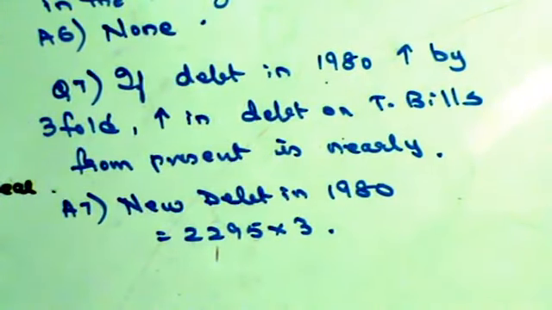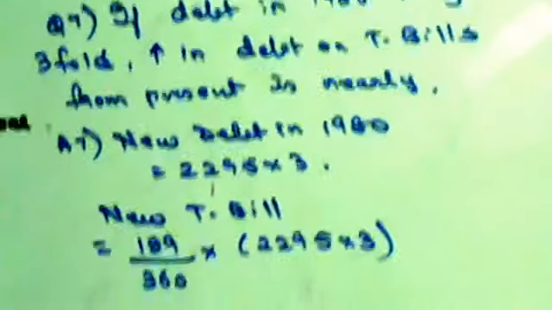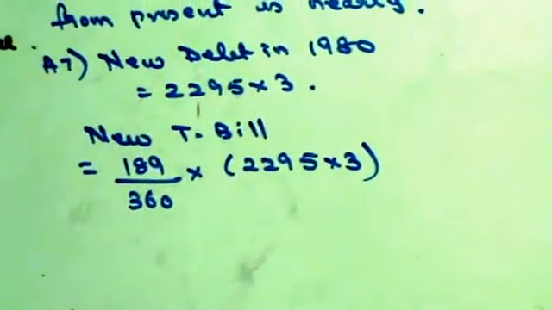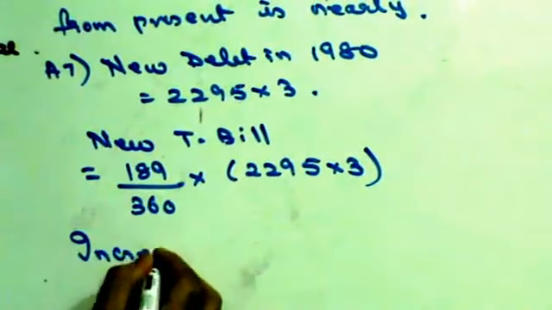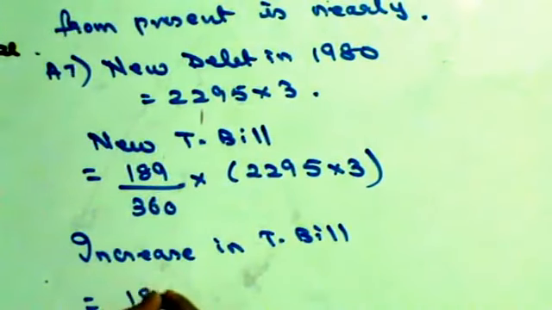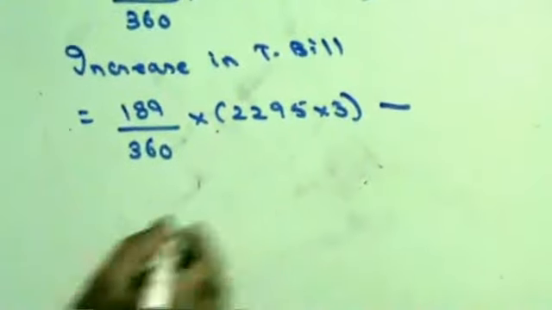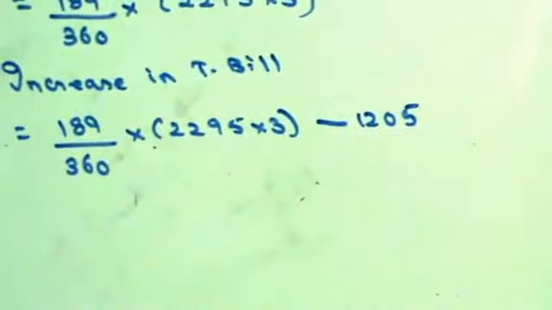Then the new T-bills was 189 degree divided by 360 into 2295 into 3, that will be the new T-bill amount, right? Now how much will be the increase in T-bills? Increase in T-bills will be the new amount minus the original amount, right?